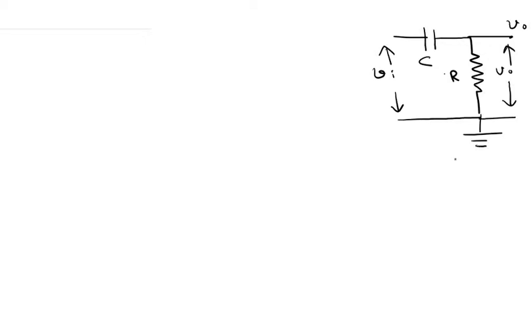And this point may be considered to be ground. So here also we can actually do a similar kind of analysis. The total input voltage Vi is basically the sum of the voltage drop across the resistor, which is the output voltage V0, plus the voltage drop across the capacitor, which we call VC.